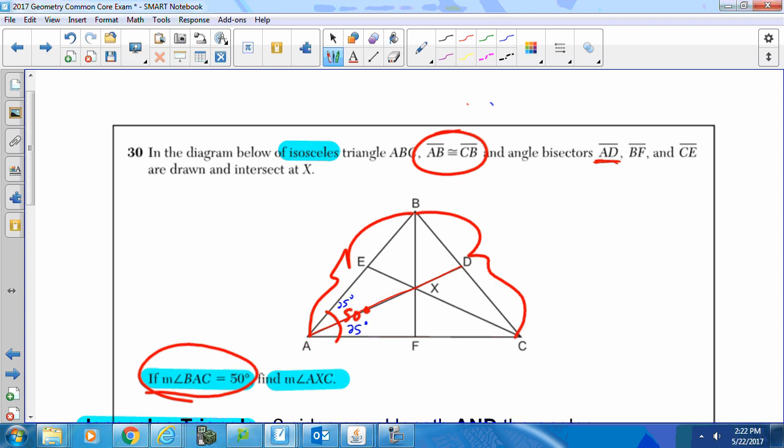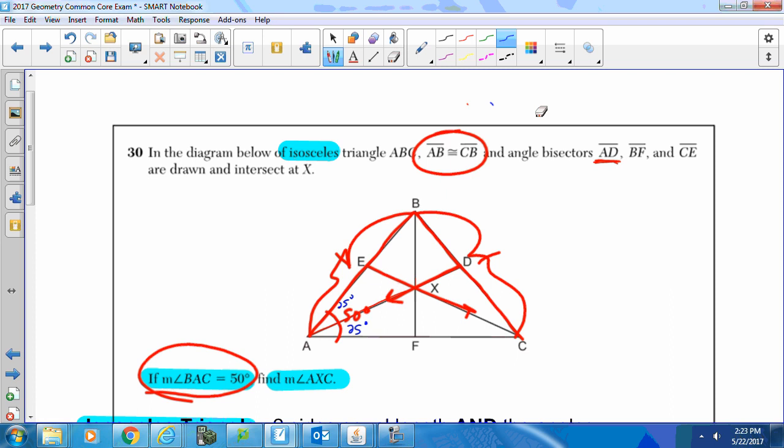And we know the angle opposite is the same. So if these 2 sides are congruent, so I'm talking about this side and this side, that means the opposite angles, which would be this one over here and this one over here, are also congruent or equal.